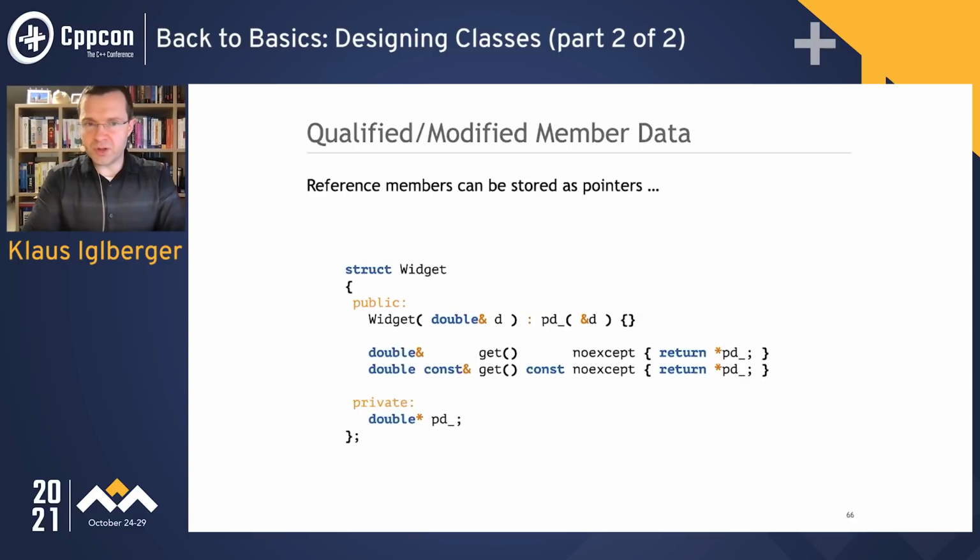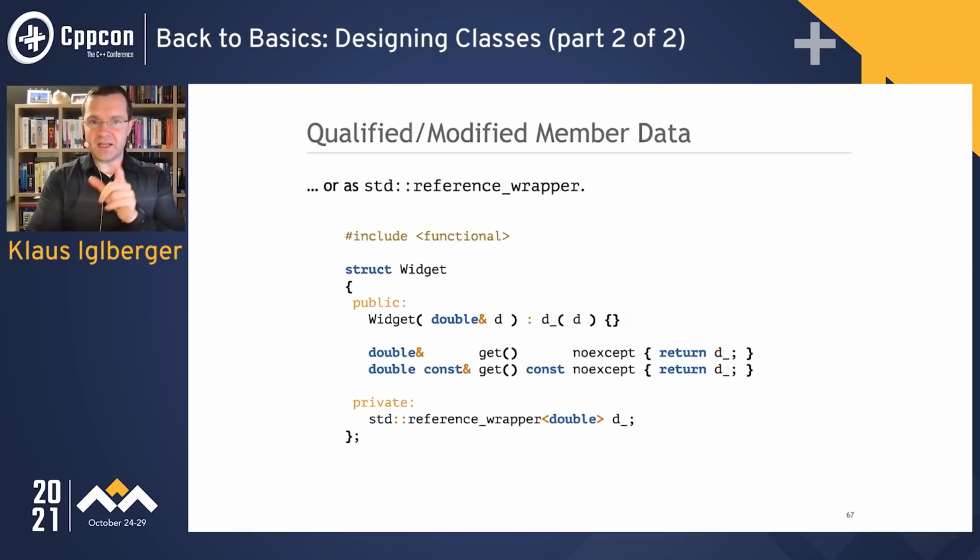Alternatively, if you don't want to code this yourself, there is in the functional header a std::reference_wrapper, which does exactly that. So this represents a reference to double, but in itself, it stores a pointer and therefore is changeable. So that is definitely a nice alternative.